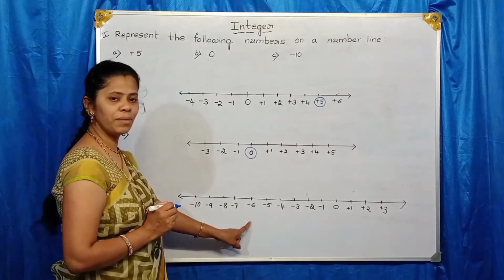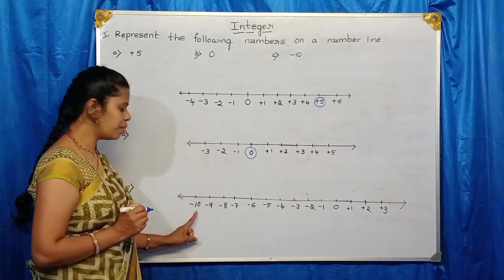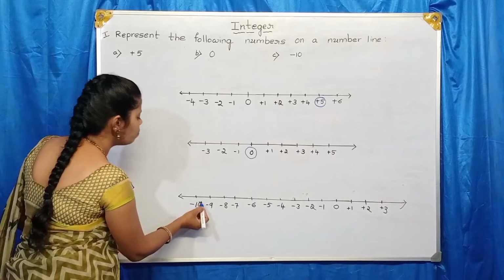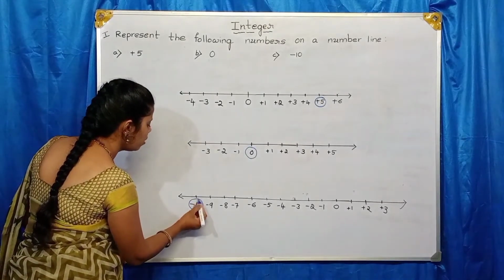We have drawn a number line and see here minus 10 is here. So, now let's round up minus 10 on a number line.